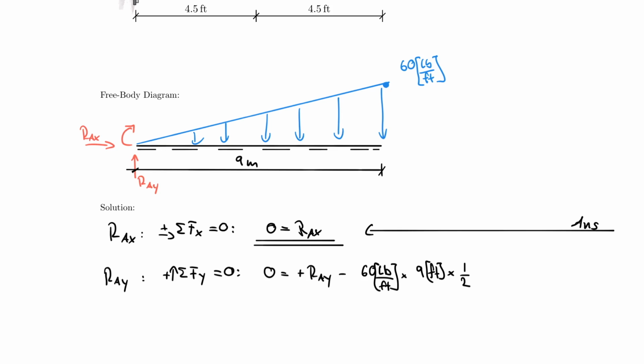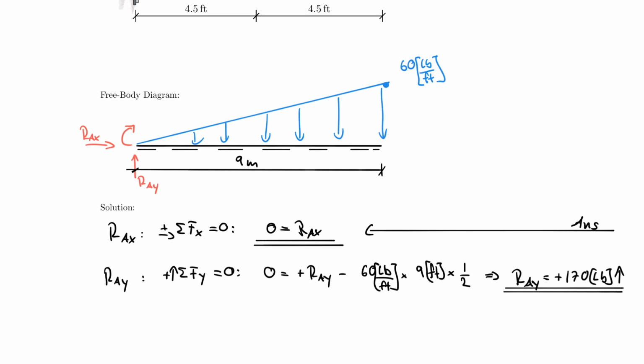RAY is also in pound. So I can now calculate that this actually is 270 pounds. So RAY is equal to plus 270 pounds. Plus means it's going up as before. Nothing new here.